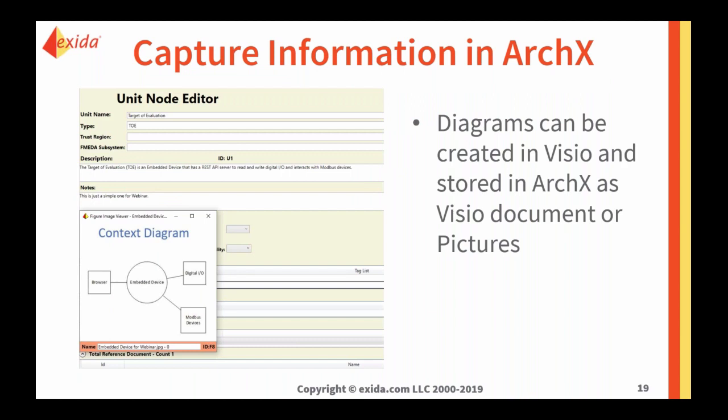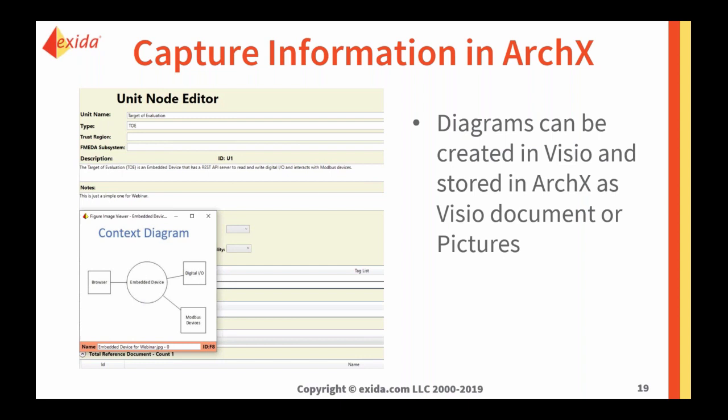Again, here's our first node that we're going to use, which is the target of evaluation. So what we want to do is attach a context diagram which describes our simple device and its external entities. We want to capture this so that we can have a commonality of discussion when we have a group of people together.